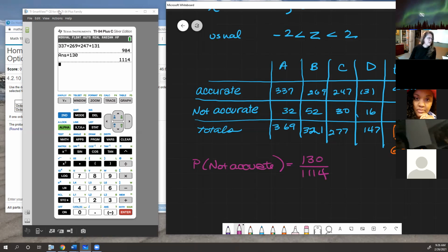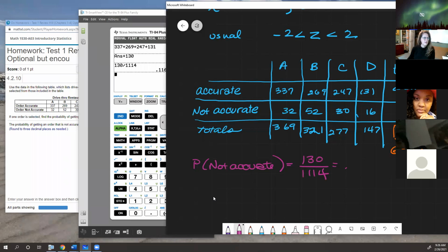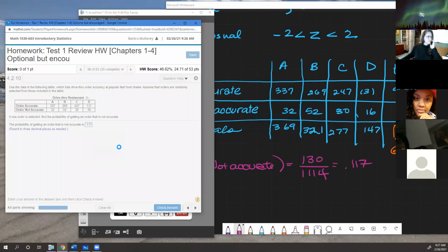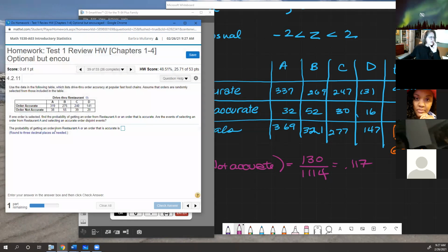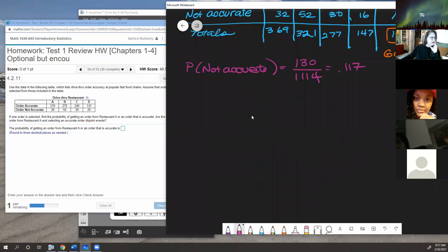Good. All right, and then it says round to 3 decimals. 0.117. And now, is this a different number? Yep, different.